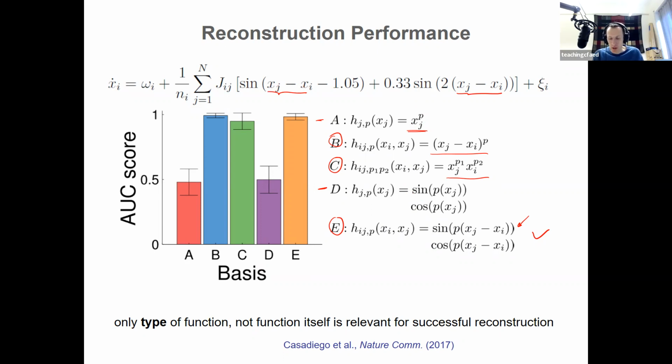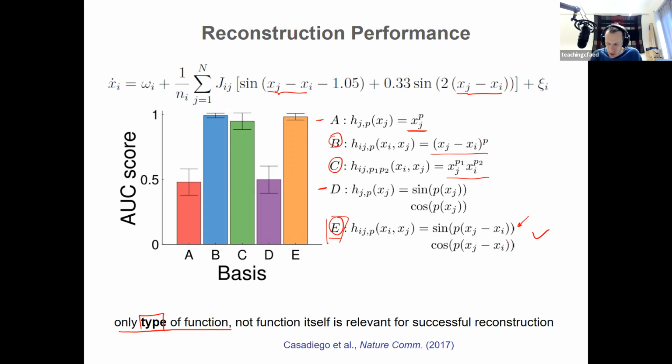Okay? So it's not important to take the specific basis function, which would be E here. But it is important to select the correct type of basis function, meaning that the number of joint variables which influence the rate of change of I is the right type.